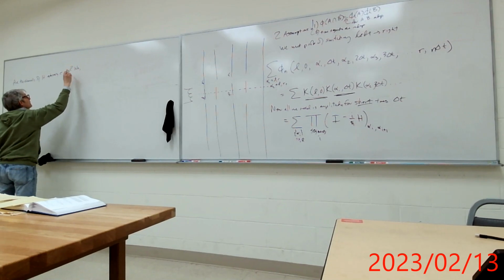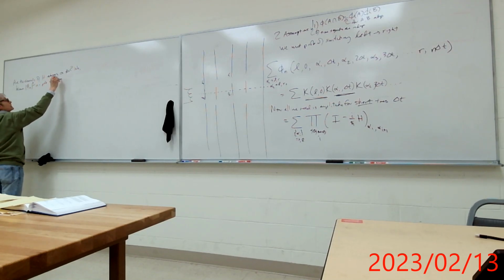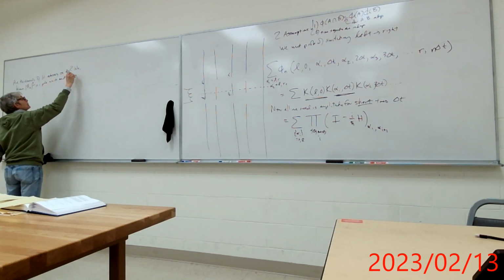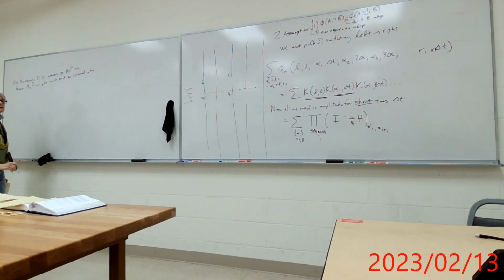No, because phi n absolute magnitude squared is a probability which must be conserved in time. So what does that mean?